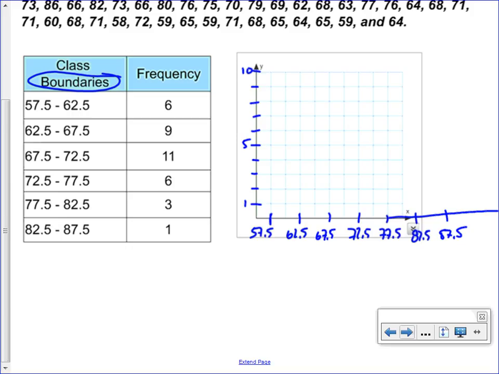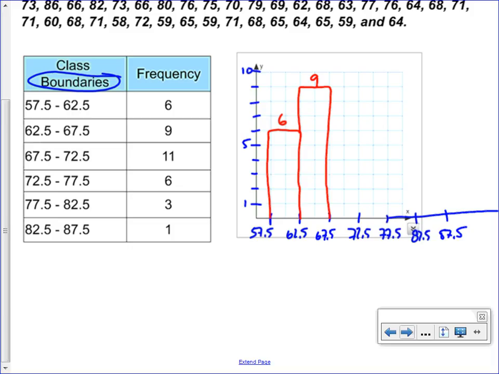So a histogram, again, it's all connected bars. There's no gaps in the histogram because it goes by the boundaries instead. So here we go. For the first frequency, it goes to 6. So from here to here is 6. And 9.